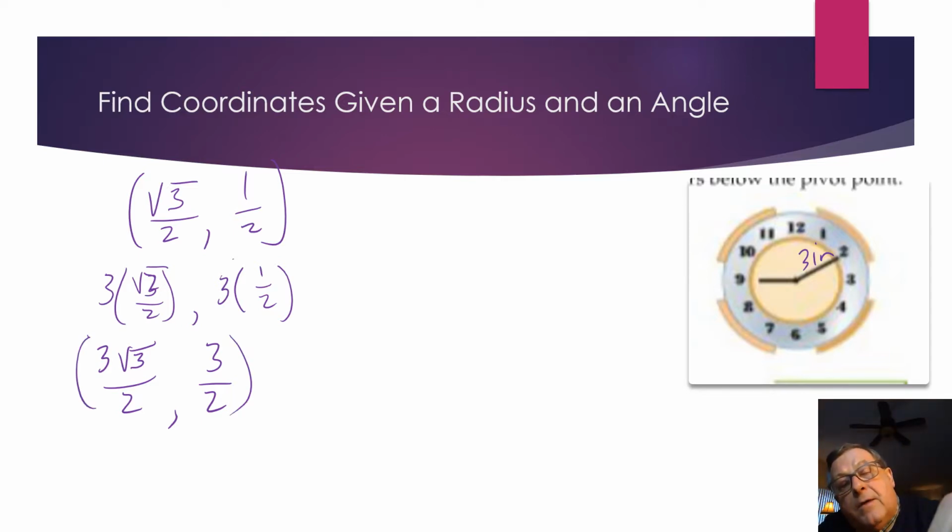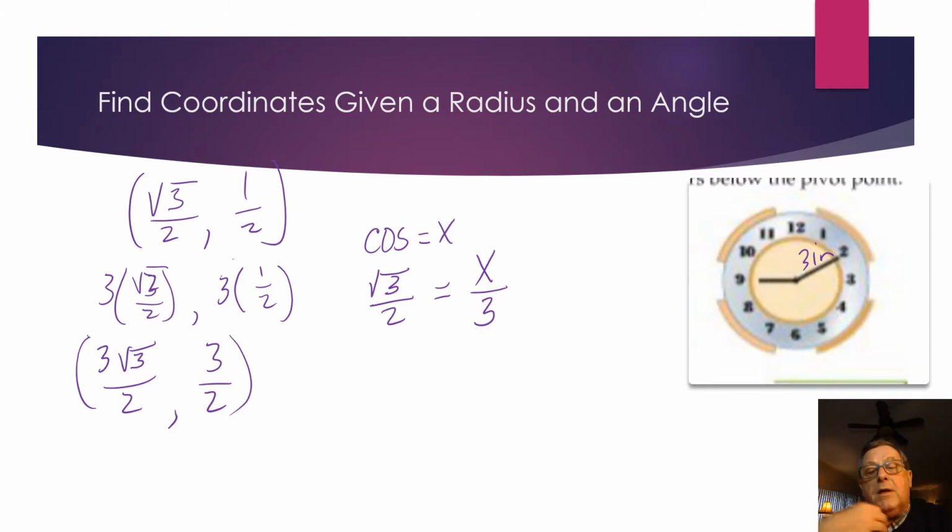So we could say, okay, well, if the cosine, which is equal to the x-coordinate, and if the cosine is the square root of 3 over 2 when the radius is 1, well, that would equal x times 3 with a radius of 3, and we end up at the same point, 3 square root of 3 over 2.